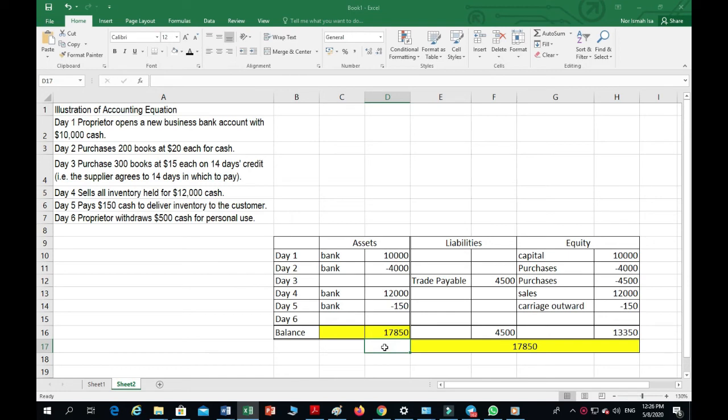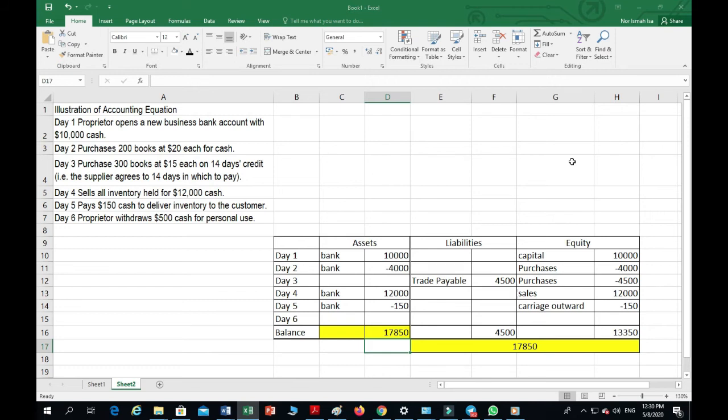As a result, the balance for the asset side now decreased to 17,850, and the liability and equity side is also 17,850.